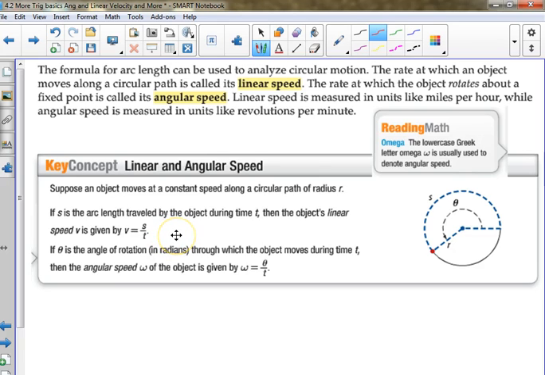Anything that wants a linear speed is distance per time. If theta is the angle of rotation in radians, the object moves, then the angular speed, which is this funny little W thing, which is actually an omega, is given by omega equals theta over t. Okay? It's like a lowercase omega.